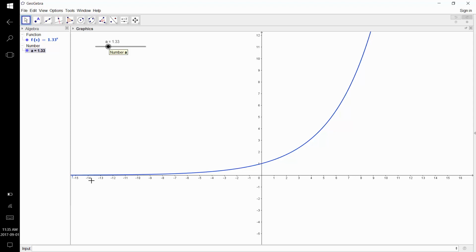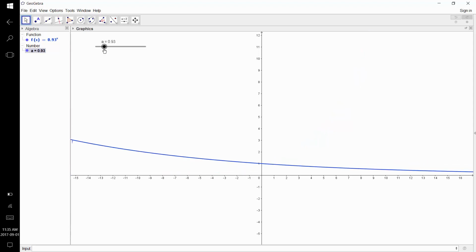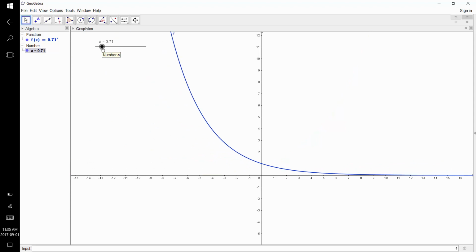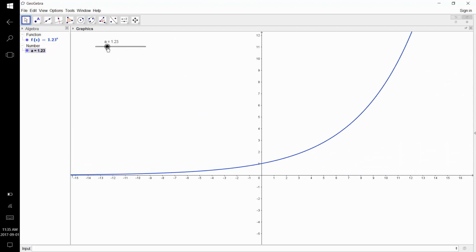As I move it up, if I go to values bigger than 1, you see this classic behavior that you expect for an exponential function. It goes off towards 0 in one direction and it shoots way up in the other direction. You can consider values that are between 0 and 1, and you actually get something that is flipped around. If you consider numbers that are less than 1, that's certainly an option that you have.